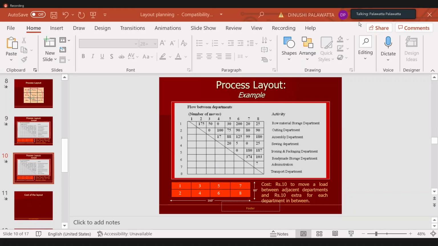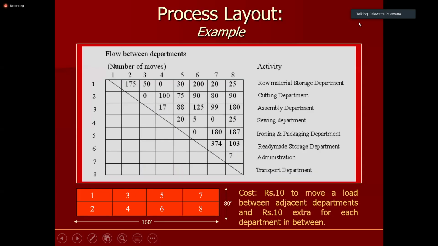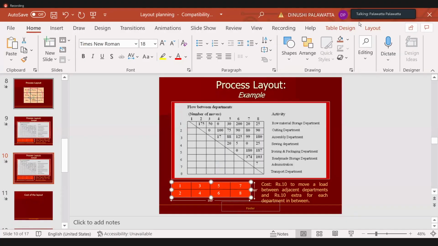Can anybody, are you seeing this slide? Yes, sir, we can see the grid. Okay, so can you tell me the numbers? I'm going to enter the numbers in the Excel sheet, and then I will share the Excel sheet with you.